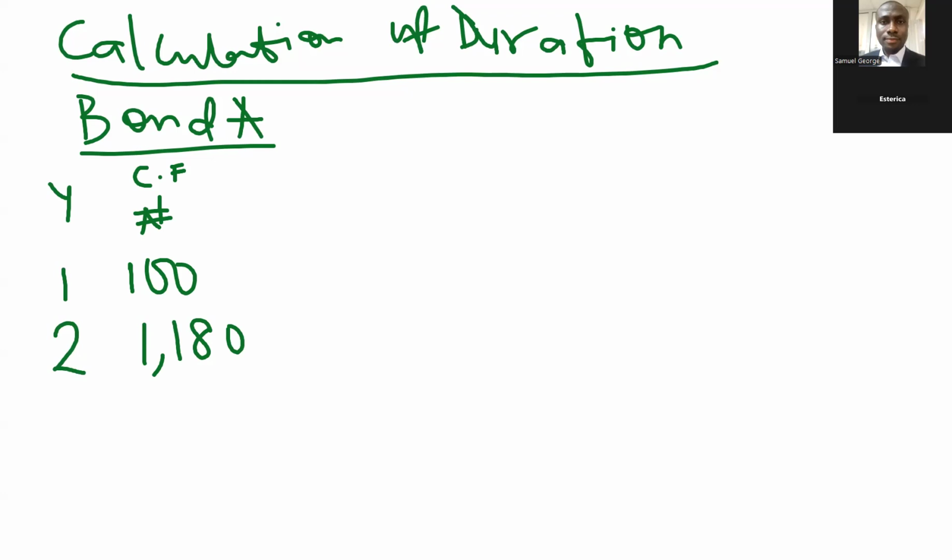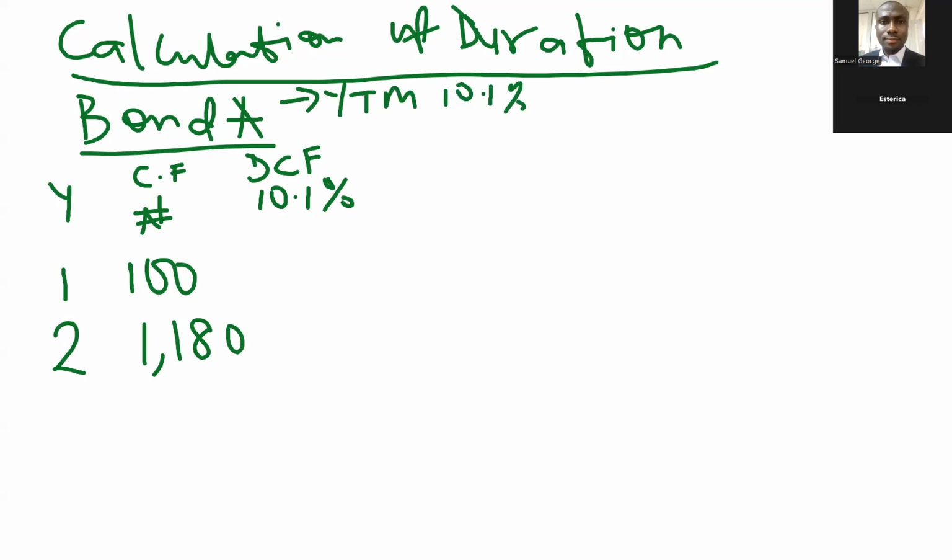1,180. Then the discount factor is going to be 10.1%, because for bond A, the YTM is 10.1%.